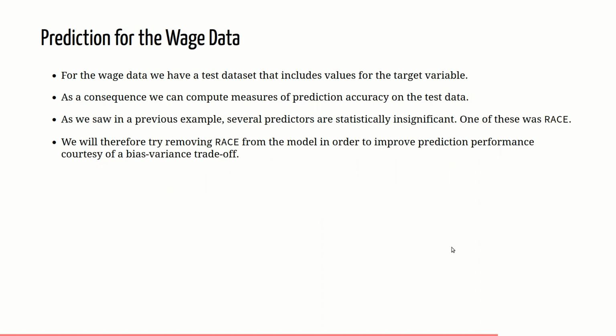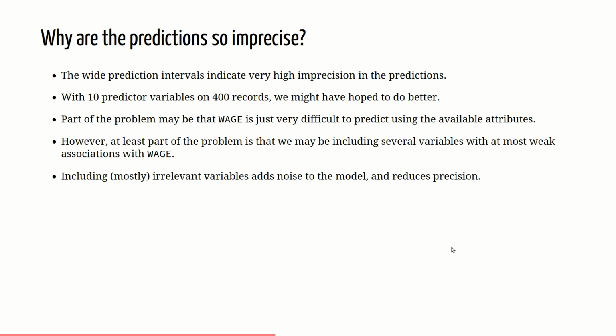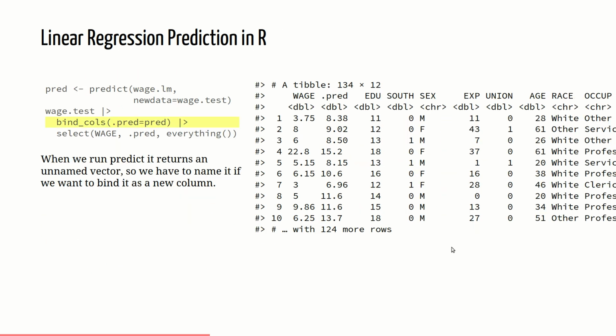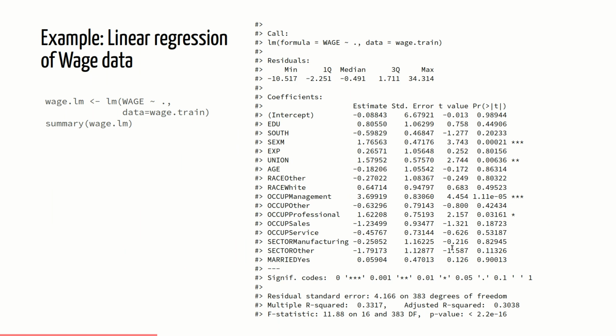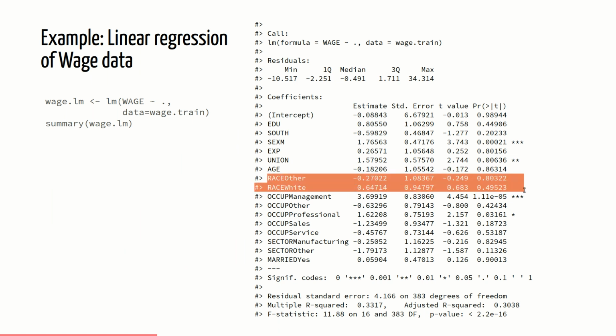So if we go back to the wage data, you'll remember that when we fit that model, race wasn't important. If we go right back to our summary, we see that the coefficients for both of the effects for race were not important.